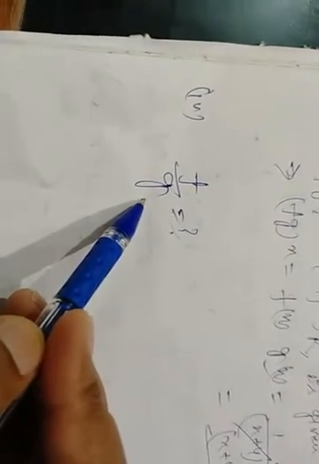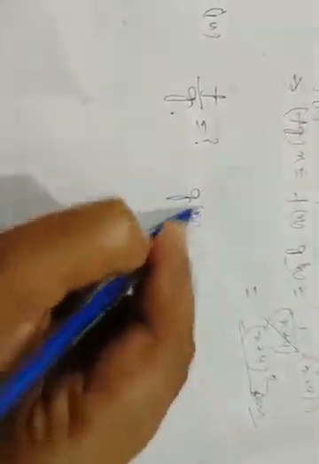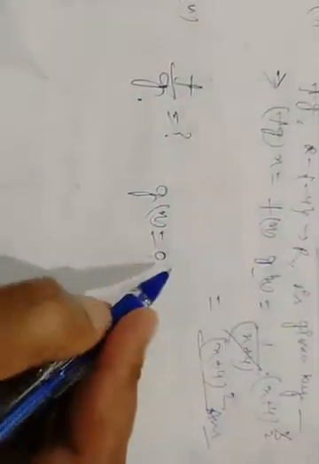Here g of x is equal to 0. At which point is g of x equal to 0? Let's see, g of x is equal to 0, that is, (x plus 4) whole cube is equal to 0, that is x is equal to minus 4.